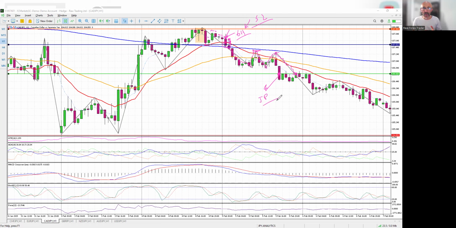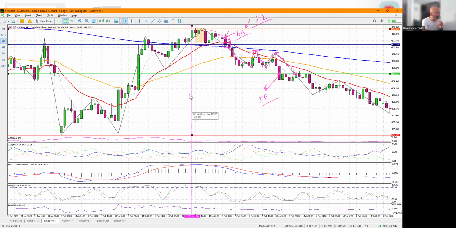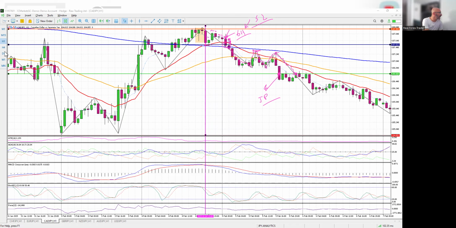So this is the way, and of course, remember that we have to take into account other important signals. For example, in the very moment that I entered, I have to check the behavior of the other indicators. For instance, I mentioned that we need to check the MACD. Look at my MACD here.